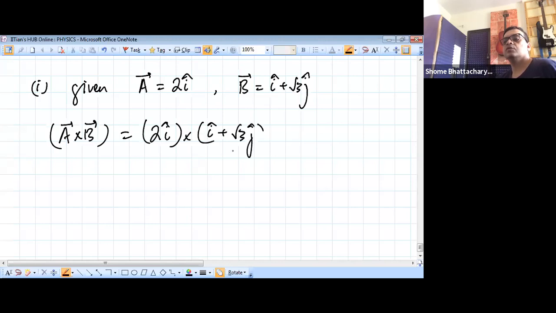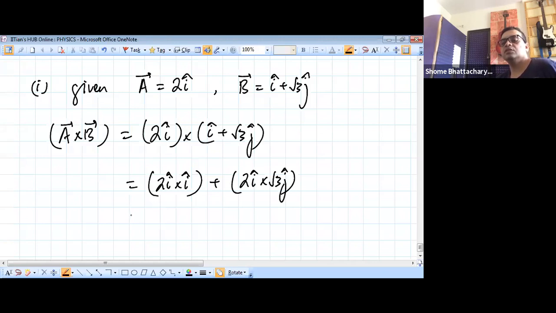Now next we can use the distributive property. So this will become 2I cap cross I cap plus 2I cap cross root 3 J cap. As you can see, this is a cross product with the sum of two vectors, so it becomes the cross product of vector A with the first thing plus the cross product of vector A with the second thing. Now this term will become 0.